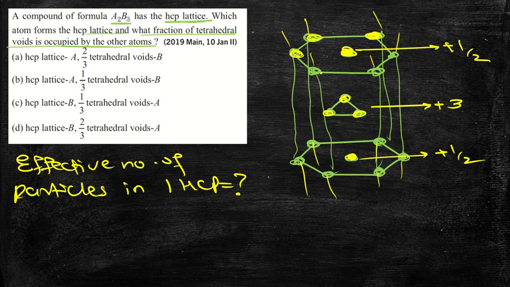If you see 6 on top which are at the corners, and 6 more which are over here, 12 of these. Now all these 12 are contributing 1/6 of their volume to one unit cell. How can I be sure of that?